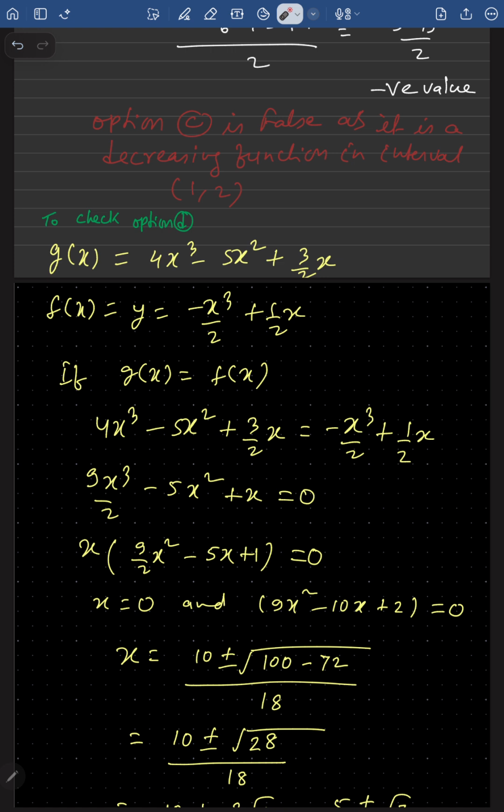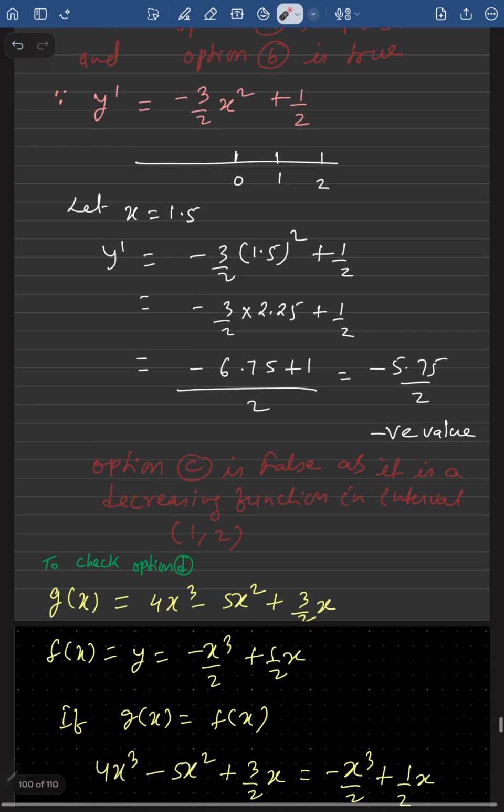Because fx we just got as y. To get the answer for the first part, we first solved that y, the differential equation; simplification gives y as this. y is nothing but fx, and gx was given in part D like this. You can go and check the question.